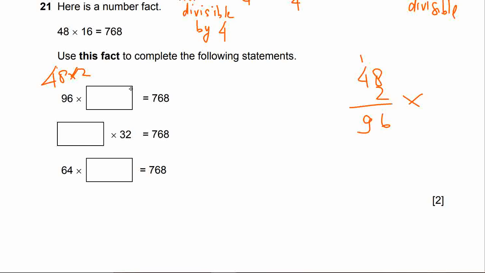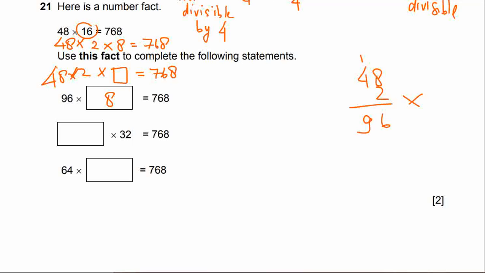So it means we just have to break this 48 times 16. When we divide 16 by 2, it will get 8. So 48 times 16 we change into 96 times a blank to get the same number, 768. So the answer must be 8 here.